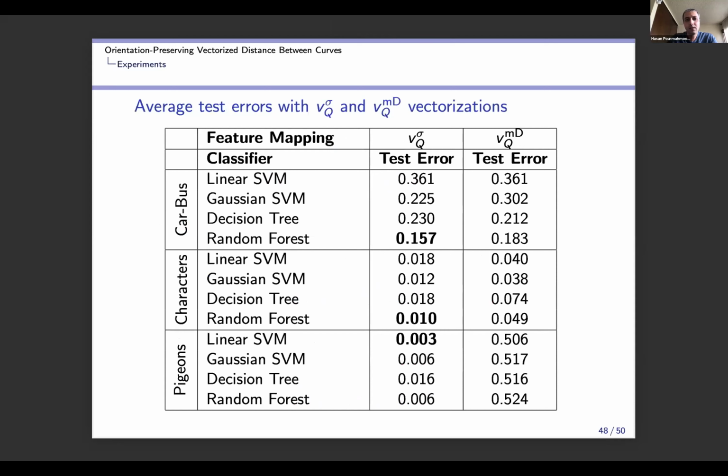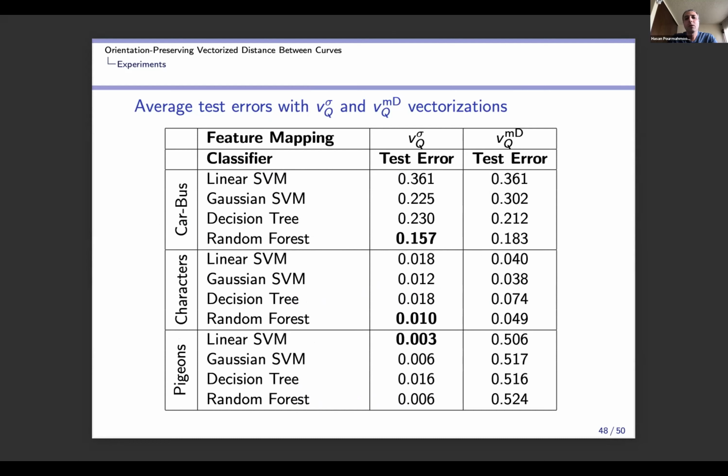And my last slide is about experiments. Using these two feature maps, VQ and VQ min-dist, we've done some experiments, of which I'm presenting a small sample here. In fact, this is a binary classification test.